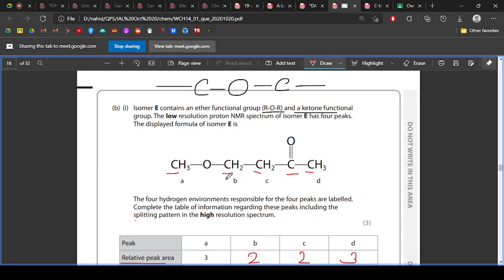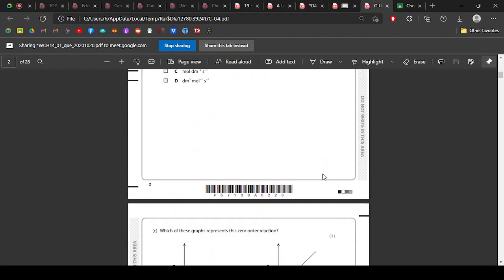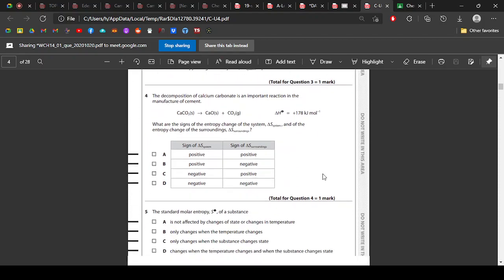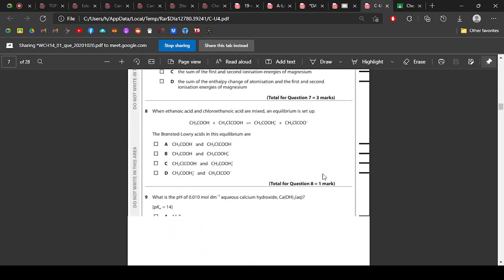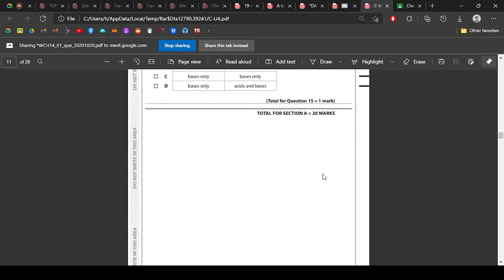Tell me from the structure. Take help from the structure. How many different environments? Sorry, sir, I didn't get you. Can you repeat? In the structure that you can see here, how many different environments are there?